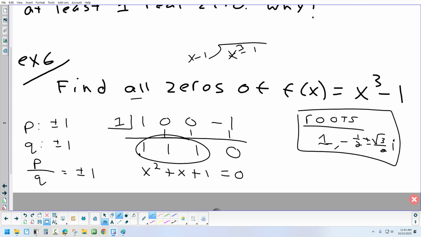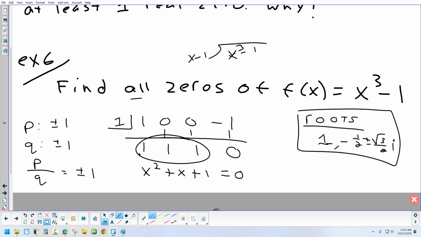If I graph this, how many times would it cross the x-axis? 3? Nope. If it crossed 3 times, that would mean there's 3 real roots. And it definitely does not have 3 real roots. So is that second one not 2 different roots because it's a plus or minus? Yeah, this is 2 different roots.